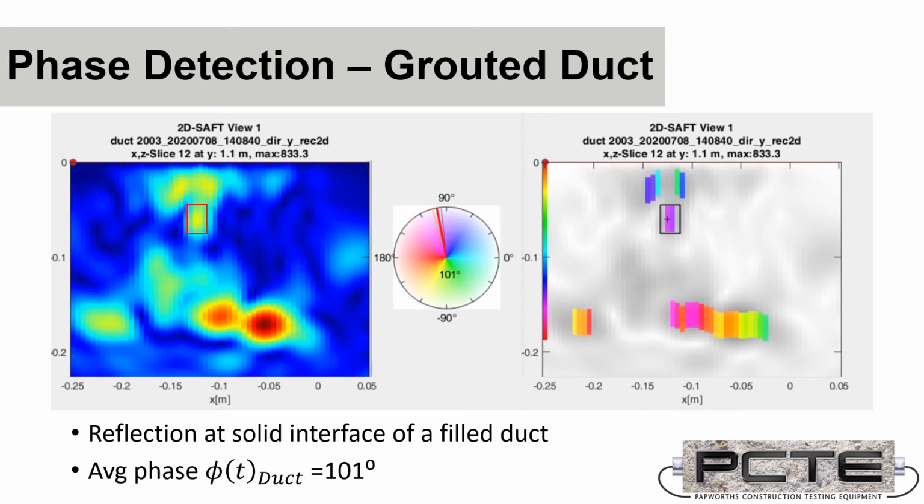So let's begin by comparing the phase shift at the grouted duct. It's a reflection at a solid interface. So the phase shift here is 101 degrees, just going up into the purple region of the phase wheel.